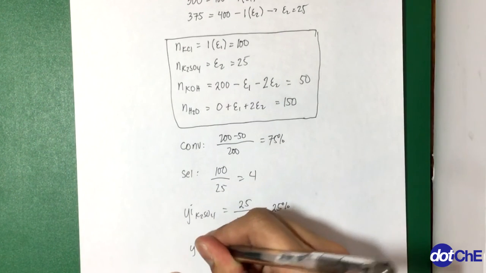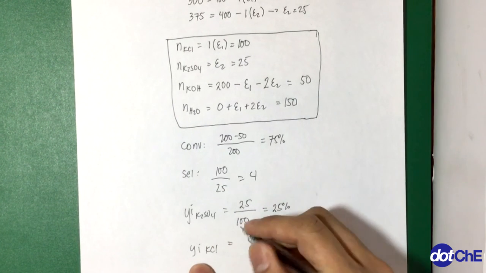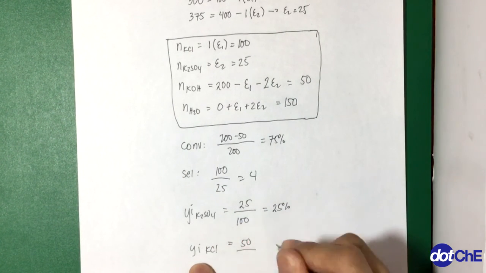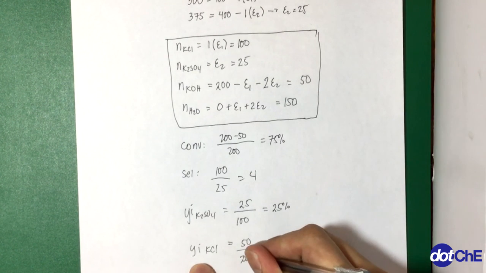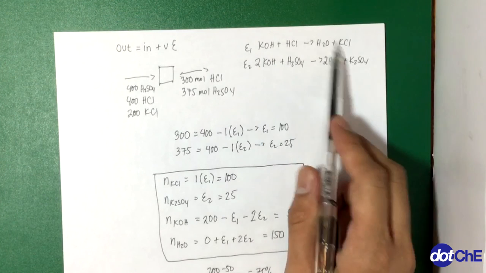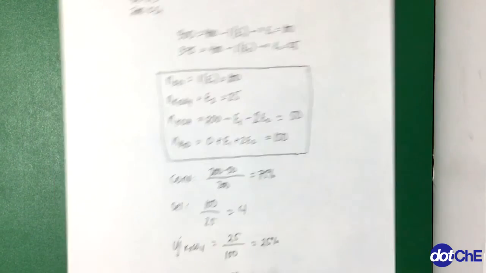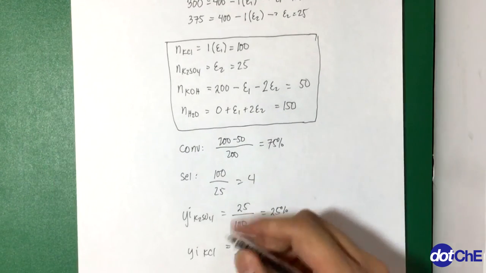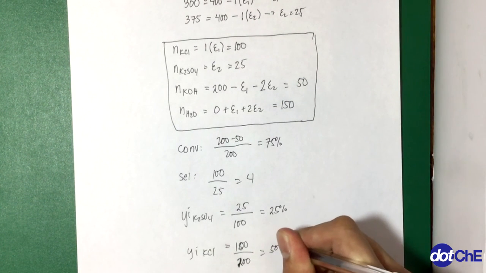And lastly, for KCl, 50 moles, divided by 200, divided by 100, because if all KOH consumed goes to KCl, we will produce 200 moles. Oh, sorry, I totally mistook that. This is supposed to be 100. So 100 divided by 200 is equal to 50%.